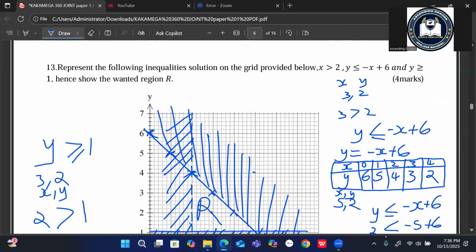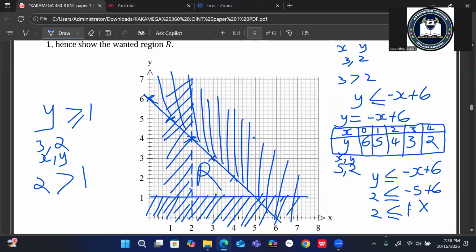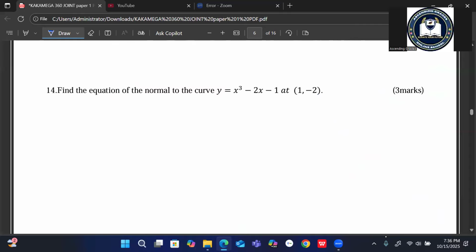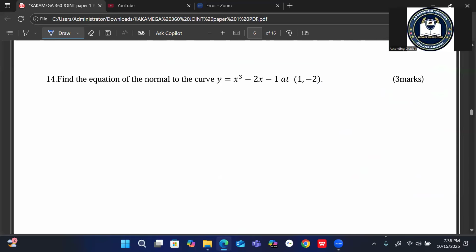So from there we go to number 14. It says find the equation of the normal to the curve y is equal to x cubed minus 2x minus 1 at 1, negative 2. So having the function, we have to find the gradient. For the gradient, we differentiate the function of y.